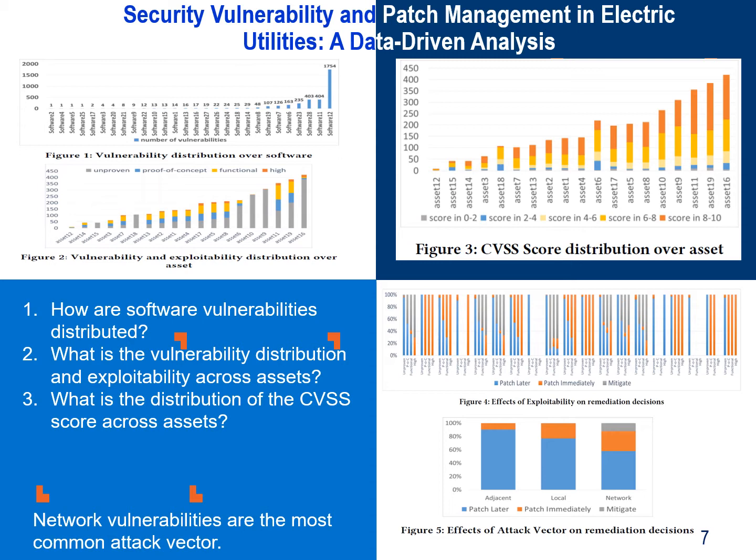Figure 5 illustrates the influence of attack vector on remediation decisions. The distribution of vulnerabilities through software and assets is skewed, indicating that the bulk of vulnerabilities are contained in a small subset of software and assets. Furthermore, exploitability and attack vector are two significant considerations that influence vulnerability remediation decisions.